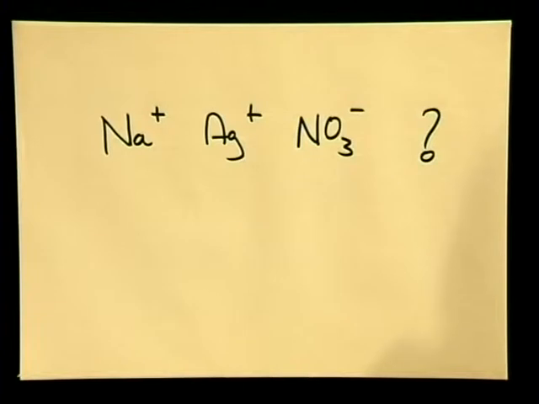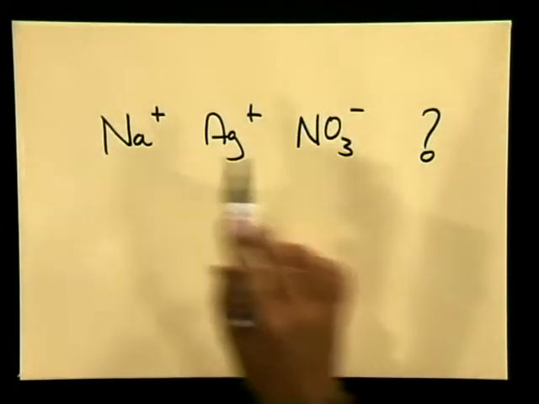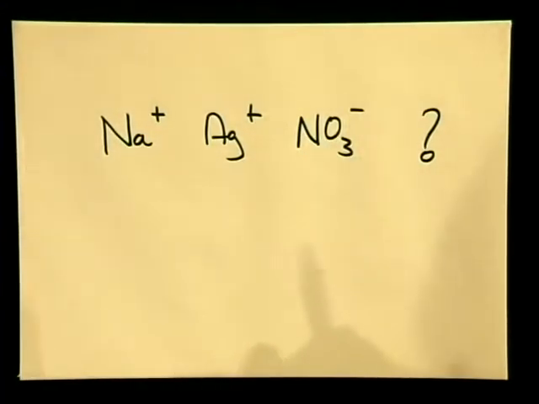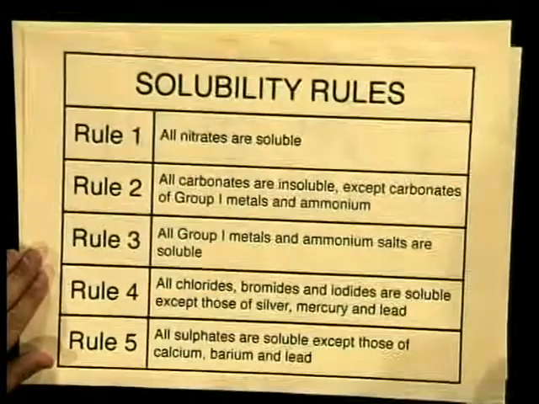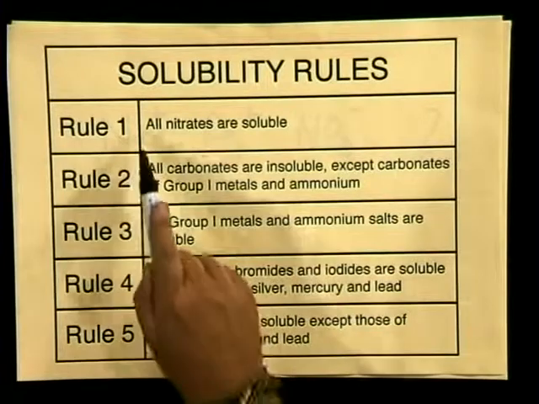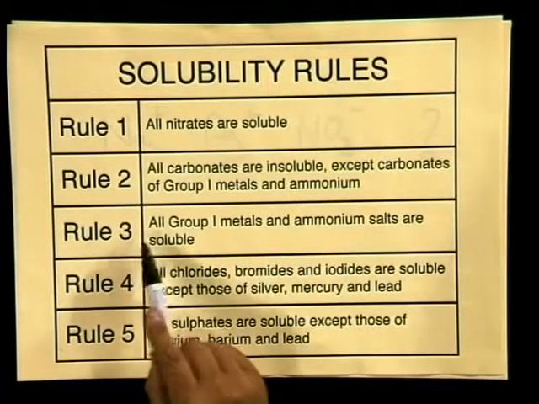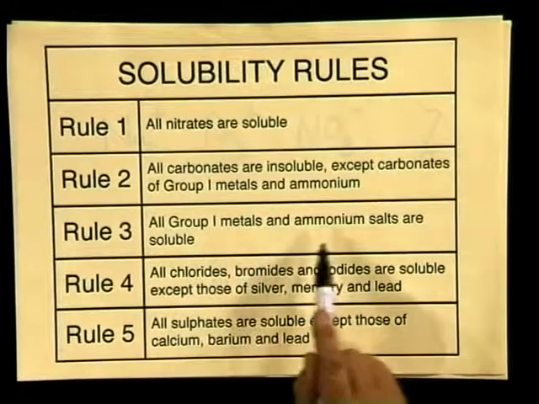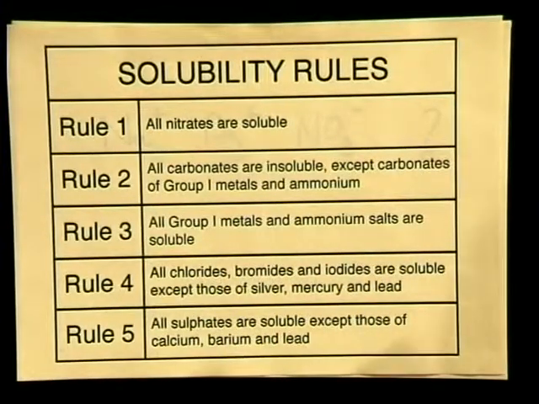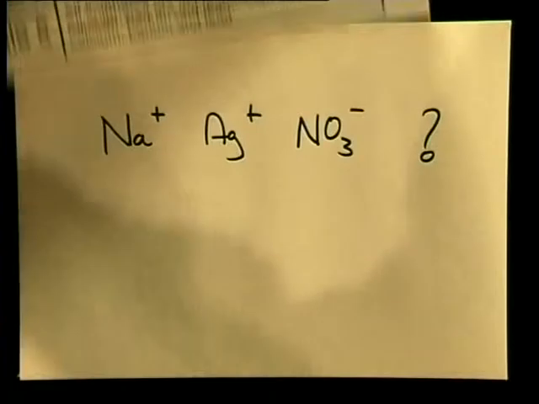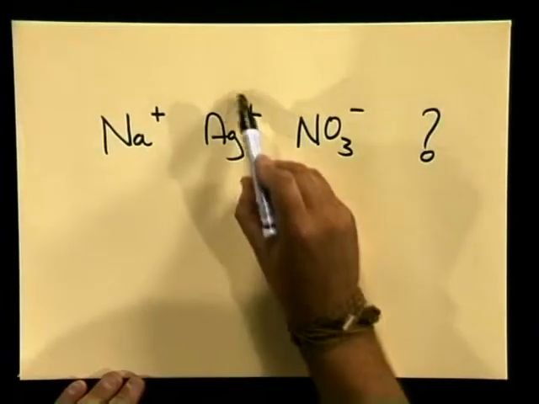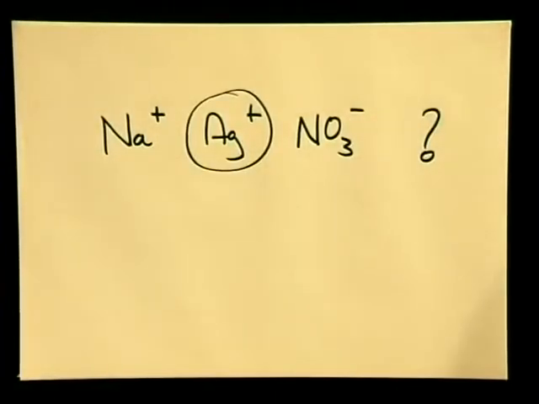Well, we know that sodium nitrate will not form a precipitate, since we know from the solubility rules that rule number 1 says all nitrates are soluble, and also rule number 3 is that all group 1 metals and ammonium salts are also soluble. This means that the precipitate must be a silver salt.